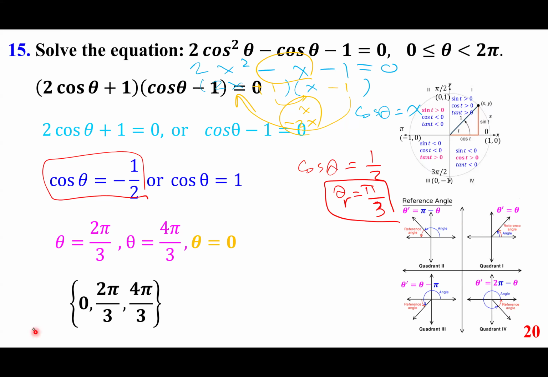By the way, maybe I should write this also. So this means theta is pi minus theta prime. And this means theta is pi plus theta prime. Okay, that's how we get these two.